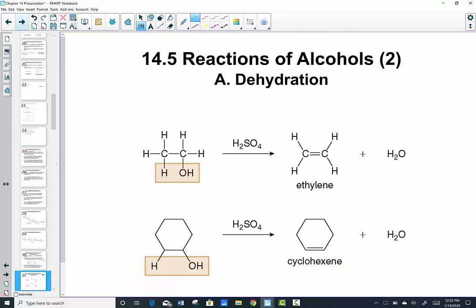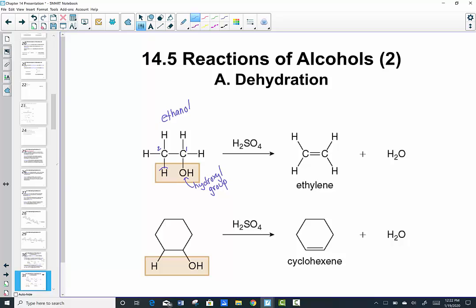So when we look at dehydration, the loss of a water molecule, carbon number 1, this would be called ethanol. Carbon 1 contains the hydroxyl group. That's our functional group called an alcohol. Carbon 2 has the adjacent hydrogen that's going to be removed.